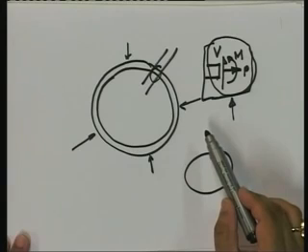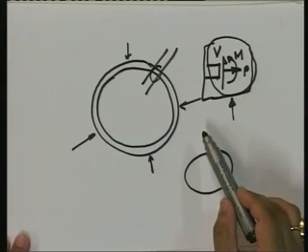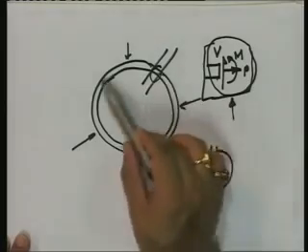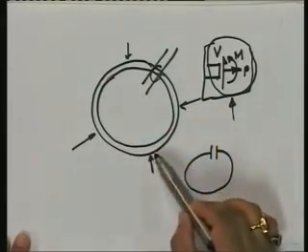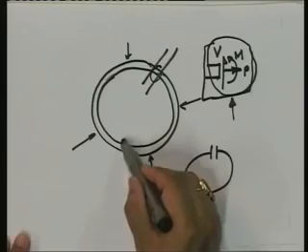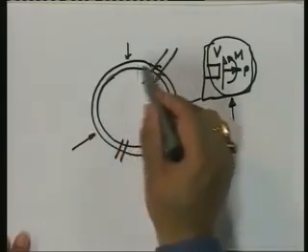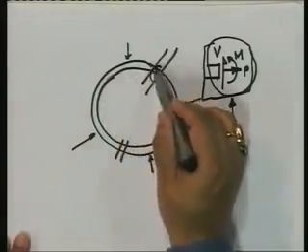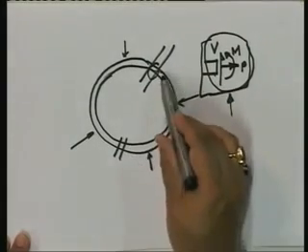Take any free body that you wish to. This entire body is a free body. And we can make two cuts and separate out another free body. This is a free body. So is this.